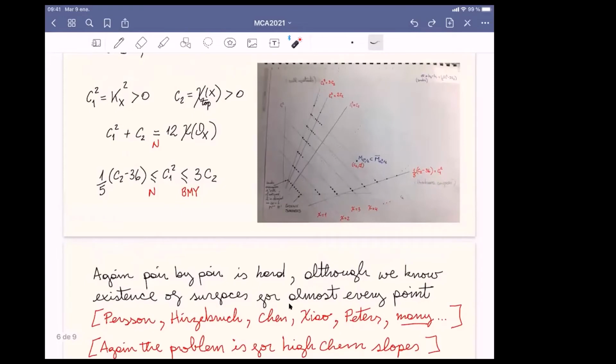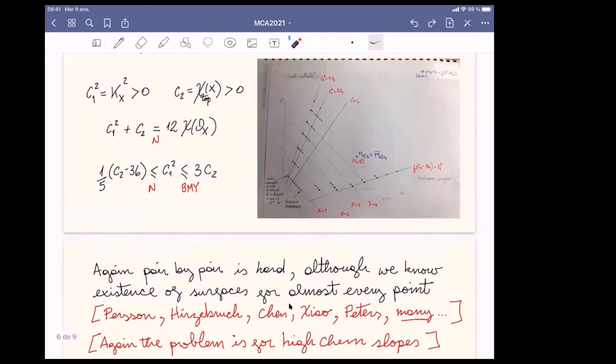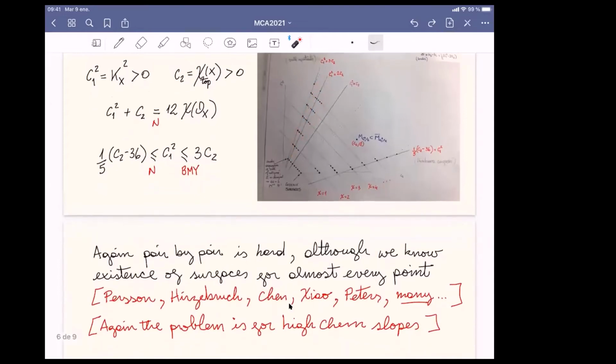Yeah, I wanted to mention that. We don't know existence of surfaces for all points. There are certain zones in the hard region, like around here, where we don't have even an example. And there are many mathematicians involved, of course, Persson, who invented the term geography, Hirschenbruch, Chen, Xiao, Peters, and many.